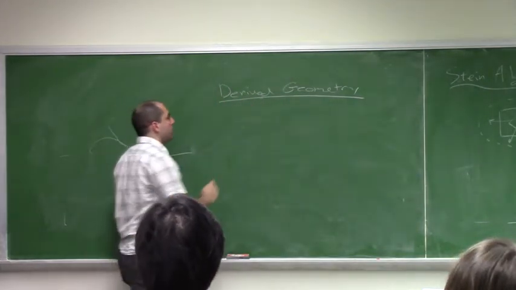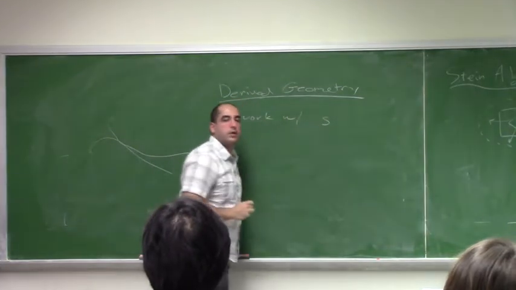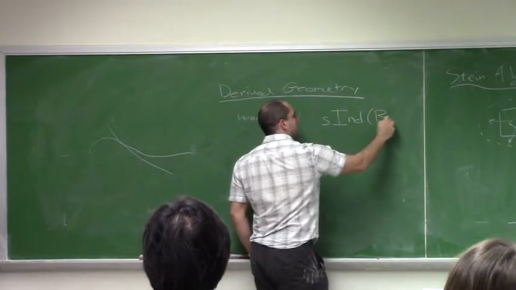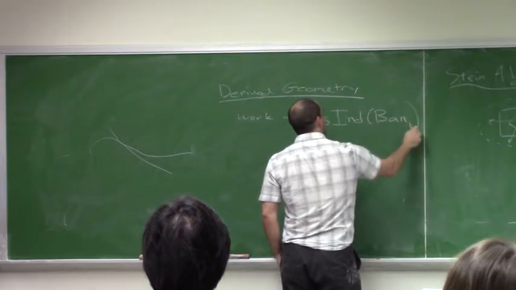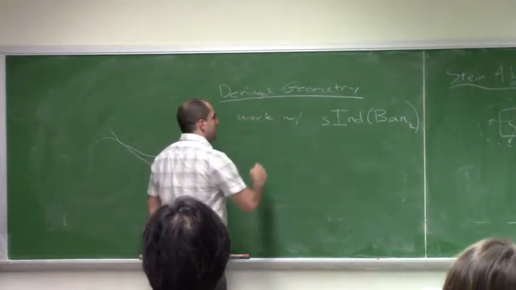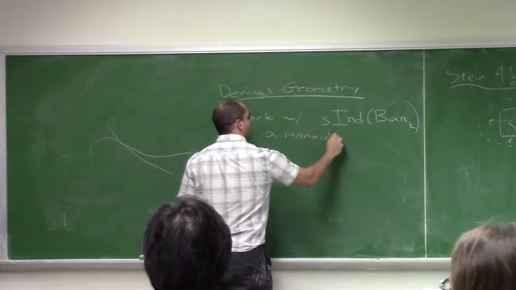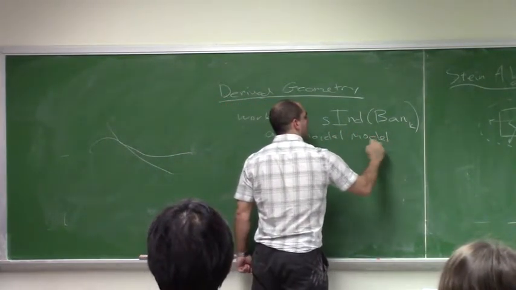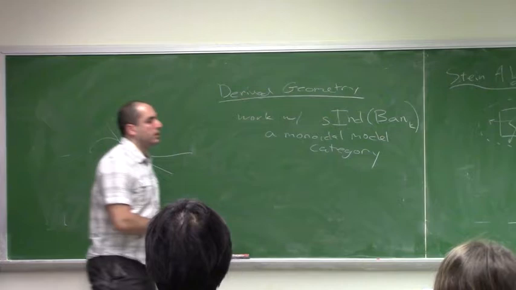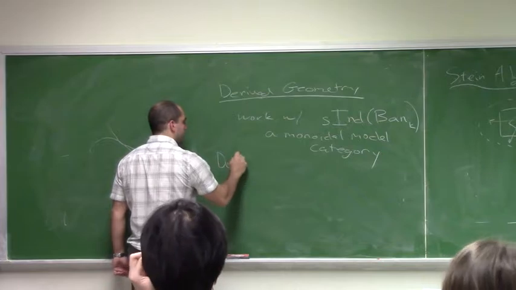So here we want to work with negatively graded chain complexes or simplicial algebras. The simplicial guys are nicer because the tensor product works term-wise. So this is actually a monoidal model category. I'll just give the definition that we use for the model structure.